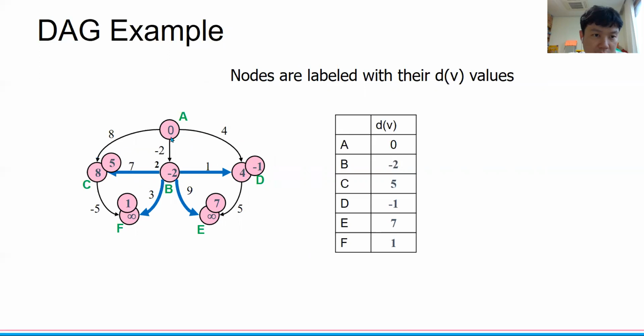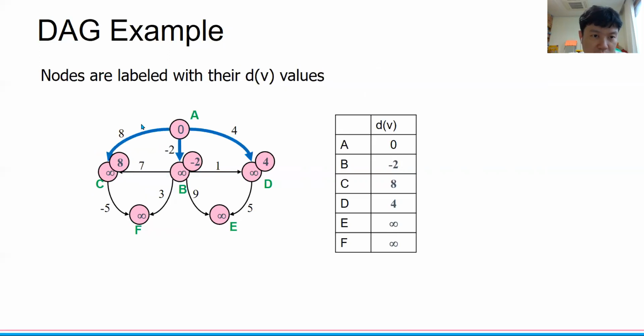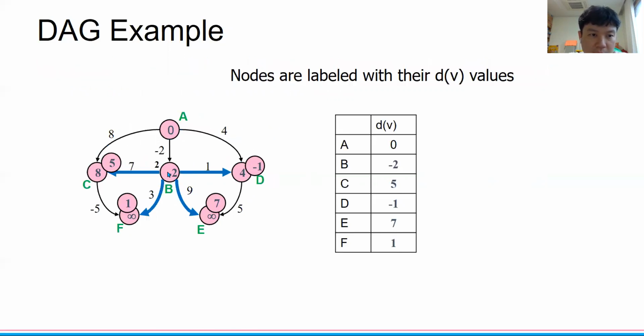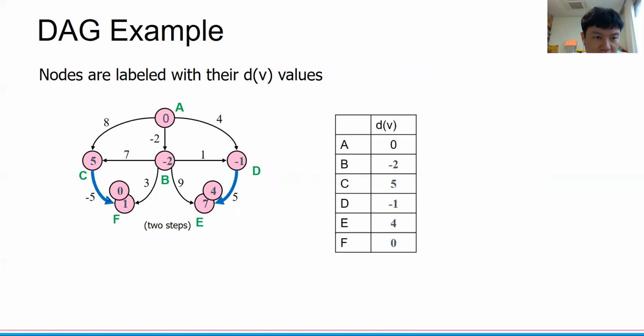Okay, and you need to check this node. Okay, you need to check the direction. Because of this direction, yeah, you can check that B can go to C, B can go to F, B can go to E, B can go to D. Okay, and after you have those values, yeah, we will go to C, and then we will go from D to check the other possibility.